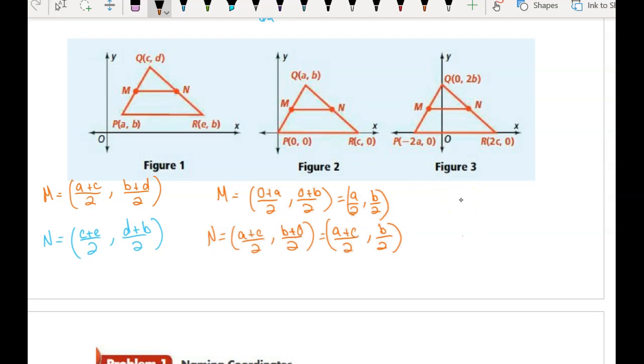Okay, so now notice that it's still on the x-axis, the base is on the x-axis, but the y-axis cuts through our shape.